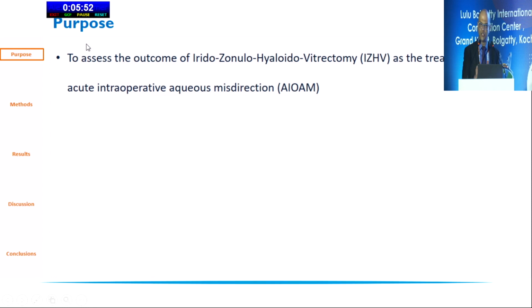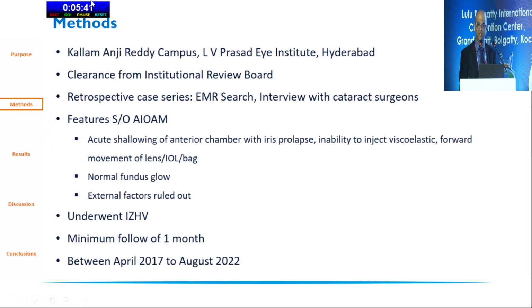I'll be presenting a short series of patients who underwent IZHV as a treatment for acute intraoperative aqueous misdirection, which I'll be referring to as acute misdirection, at the LV Prasad Eye Institute during a 5-year period.